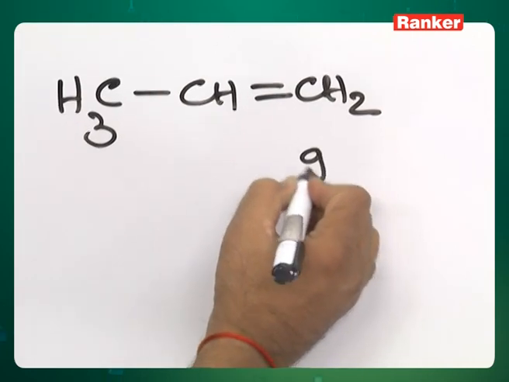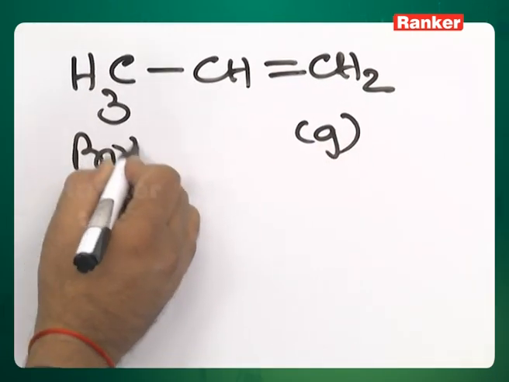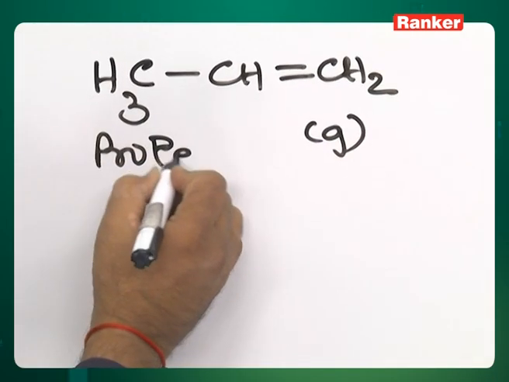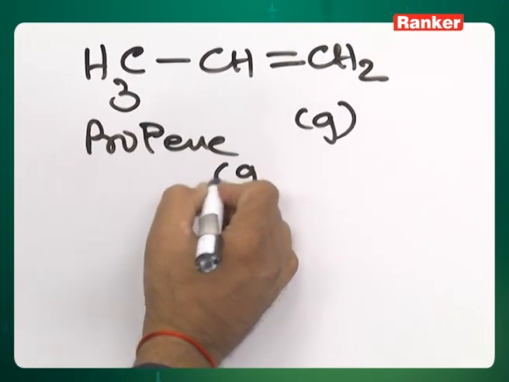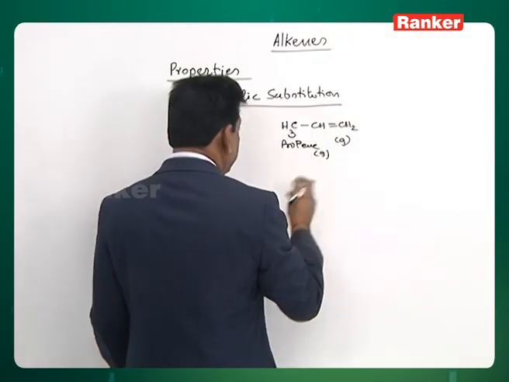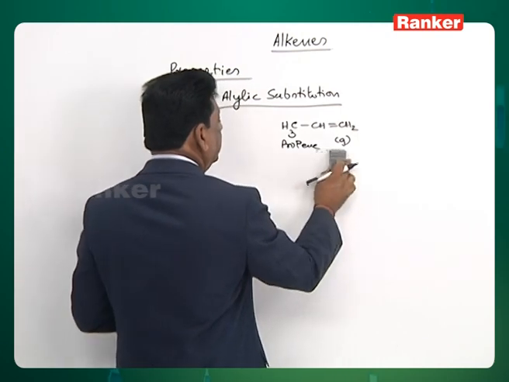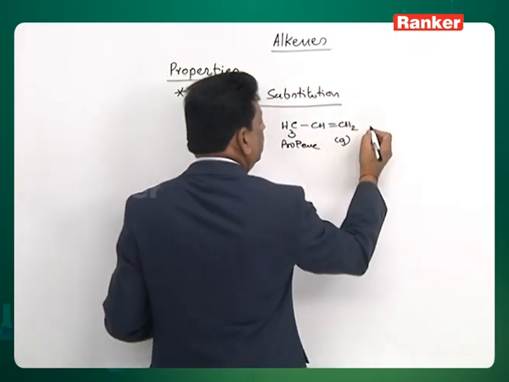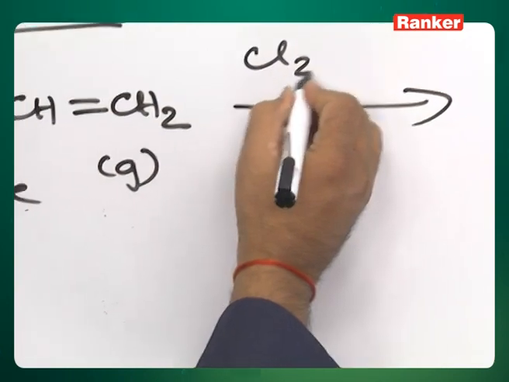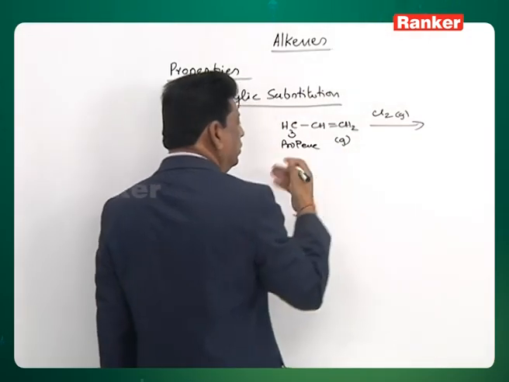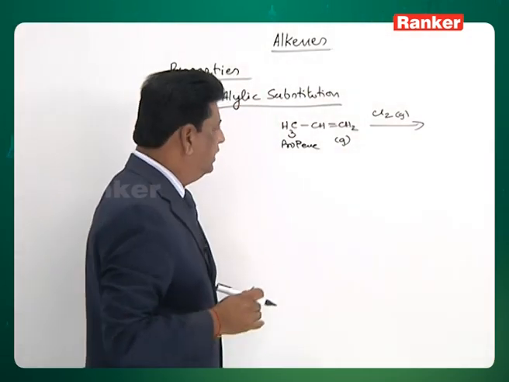Propene is a gas, right? And you add another gas, chlorine, into this gas. Two gases do not require any catalyst.